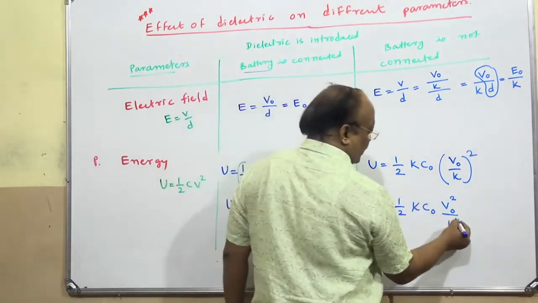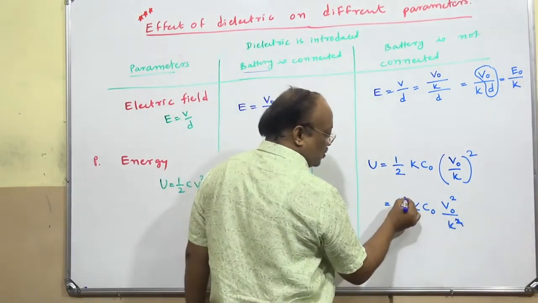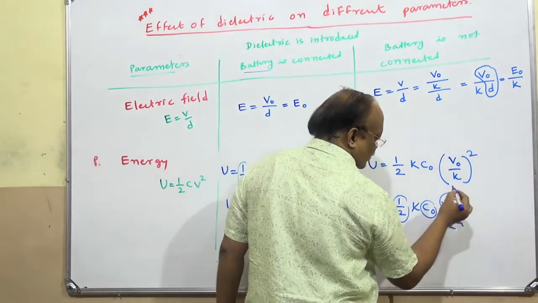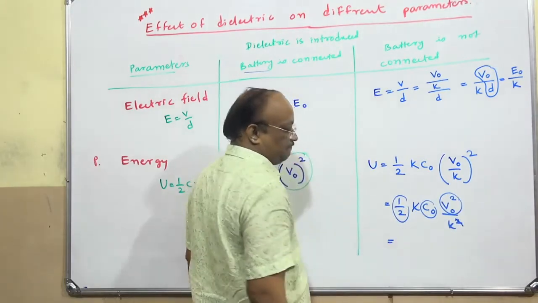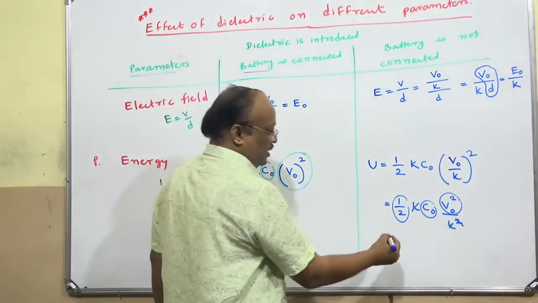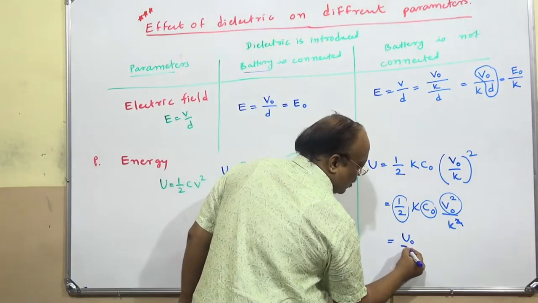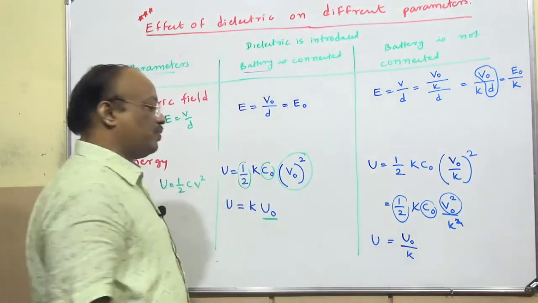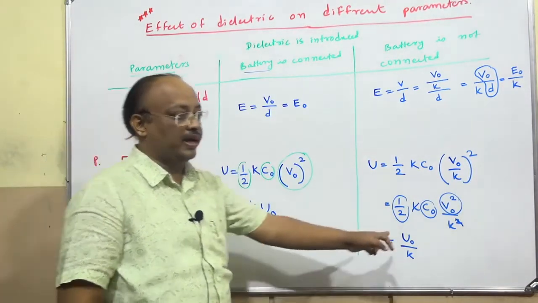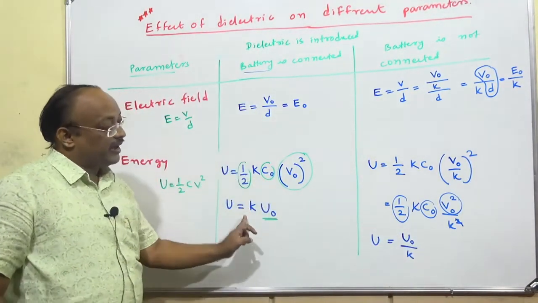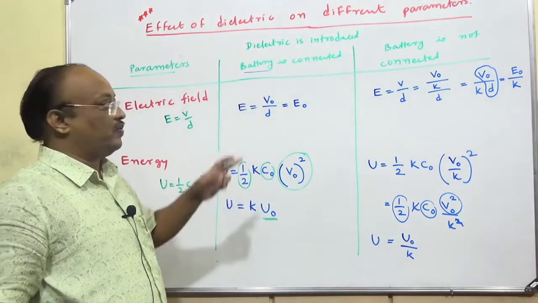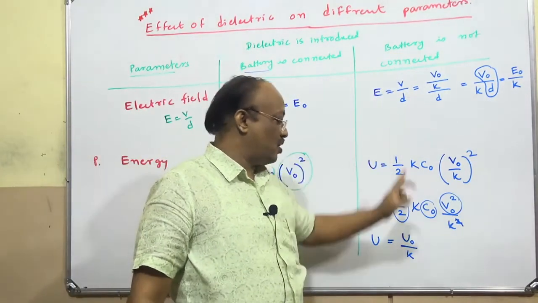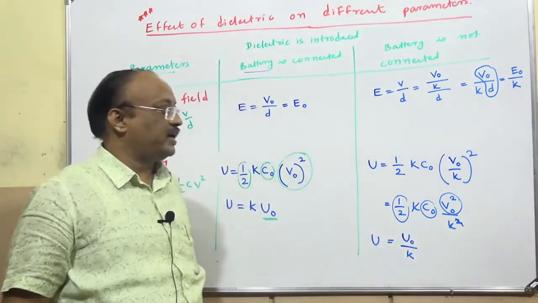So one of the K gets cancelled. So this is half C naught V naught square. So what is it? U is equal to U naught by K. Here it is U naught by K, whereas here K times of U naught. When a battery is connected, K times of U naught, whereas when battery is not connected, it is U naught by K.